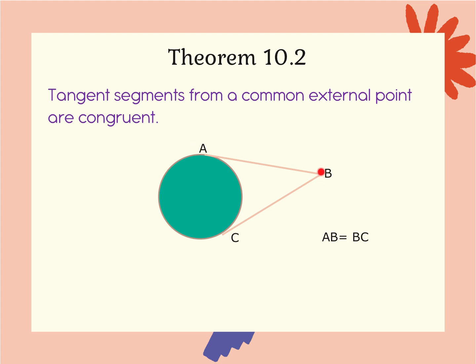Here's my external point, which makes these two segments congruent. Think of this as any type of cone shape, whether it's an ice cream cone or a snow cone, the two lines are going to be congruent. Even if I make a super small one, these are also congruent. So please be aware that those two lines are going to be congruent.